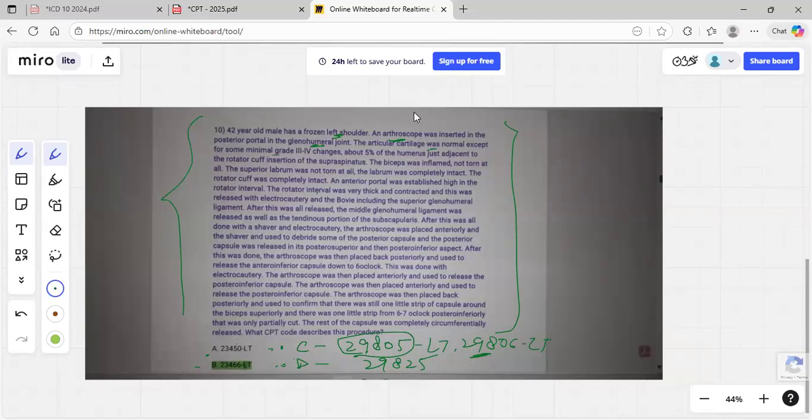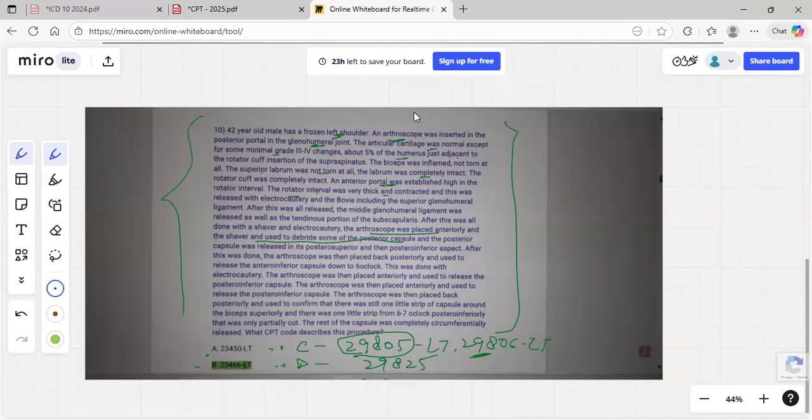There are grade 3 or 4 changes. About 5% of the humerus just adjacent to the superior labrum was torn. Completely intact. Anterior portal was created. Rotator interval was very thick. And then the arthroscope was placed, used to debride some posterior capsule.